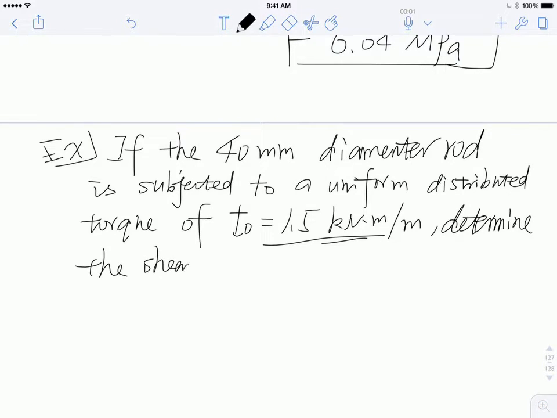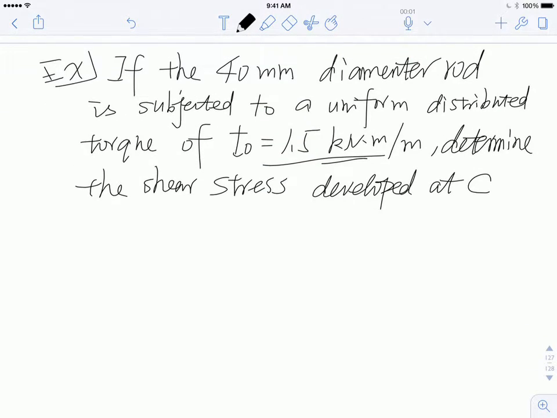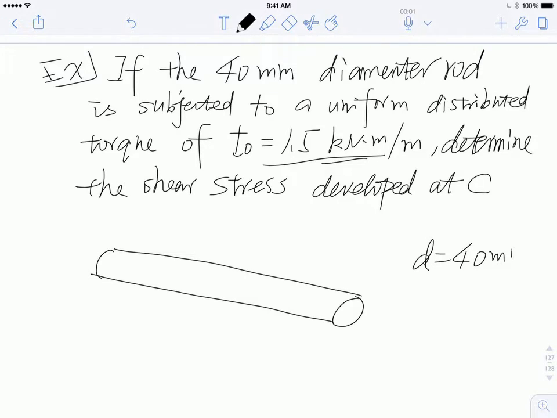the shear stress developed at point C. Alrighty, so again, there's a rod, diameter equals 40 millimeters. In some cases we use c, by the way.